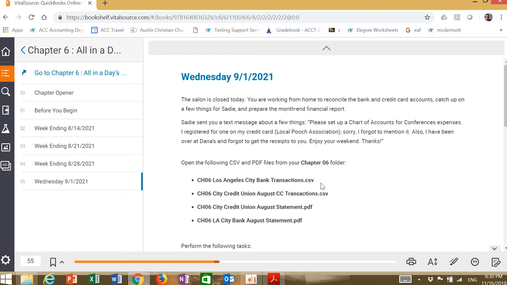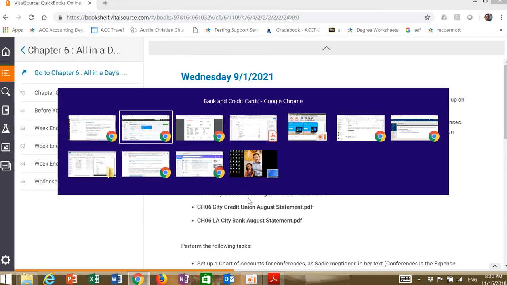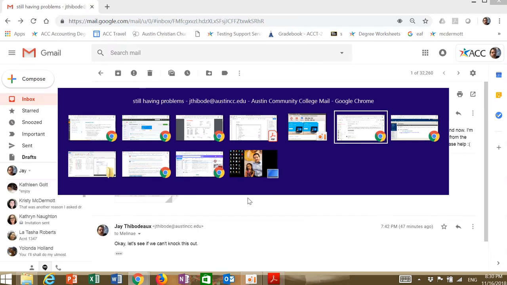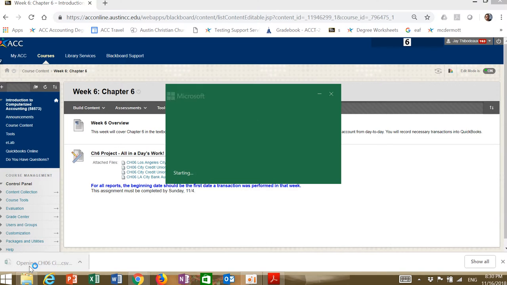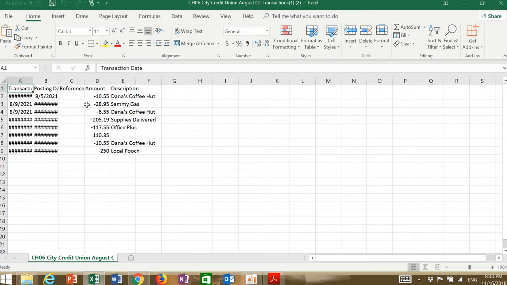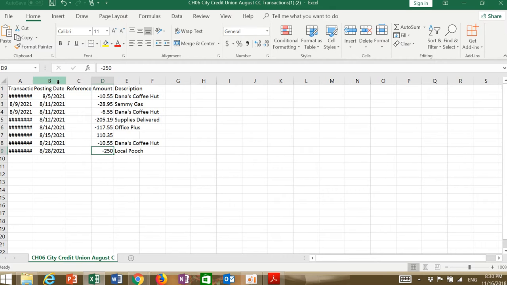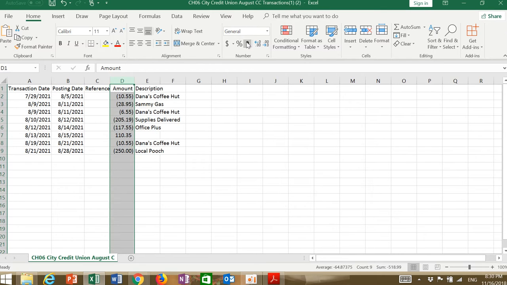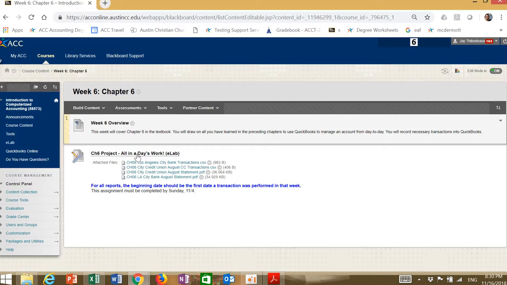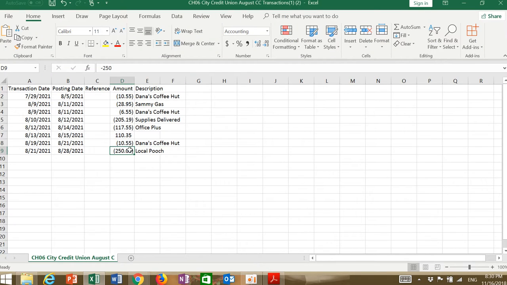Enjoy your weekend. Let me just double check over here in Blackboard. We have the credit card activity, and in that one there is this local pooch on the 28th, and for some reason it got coded as pay owner's expenses, but they had you set up that other expense account, and I think you did that.